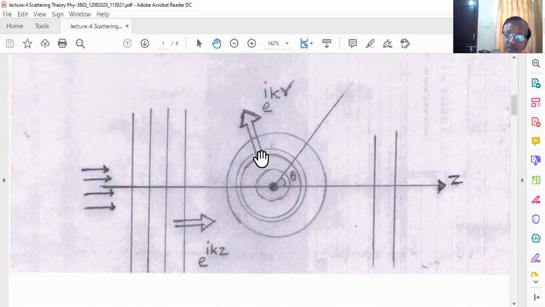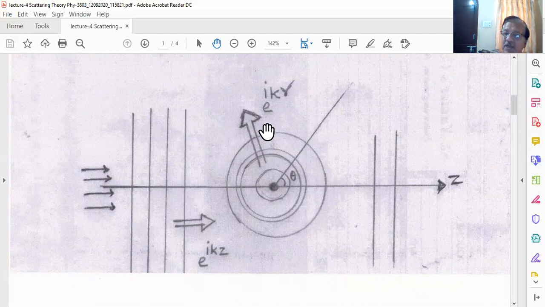These are the spherical waves which we have discussed. This scattered wave is a spherical wave moving in the radially outward direction, represented by e to the power of ikr. So e to the power of ikz is the incident plane wave, and e to the power of ikr is the scattered wave, moving radially outward.